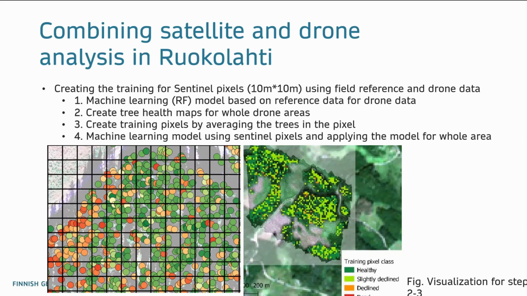So we calculated the average health class of the trees pixel-wise, like which trees are in one pixel, so then we get the training data for it. And then in the end we could test if this model works well in the whole area.